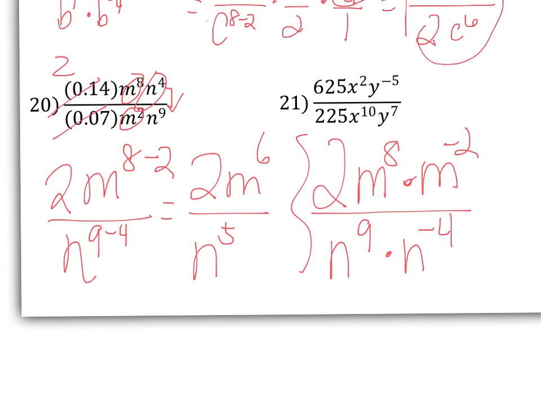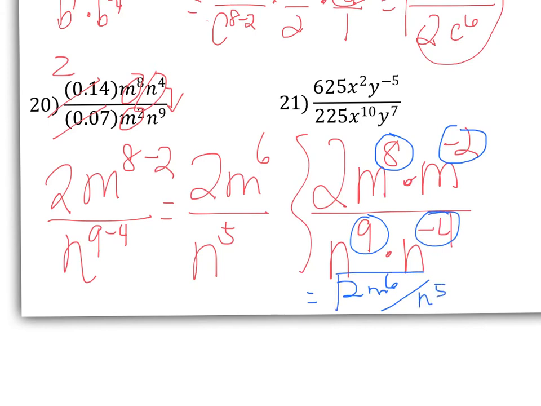And then, as you can see, 8 plus negative 2 will give me 6. 9 plus negative 4 will give me 5. And then my answer will be 2m to the 6th over n to the 5th power, which is the same thing as this. Okay, compare.